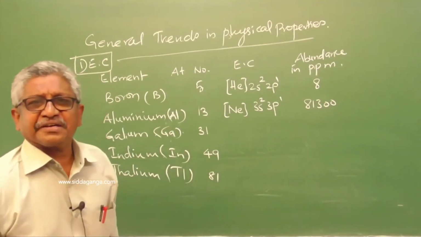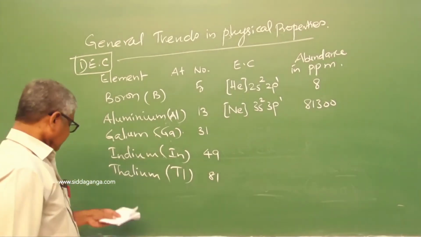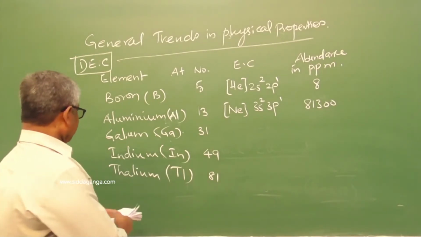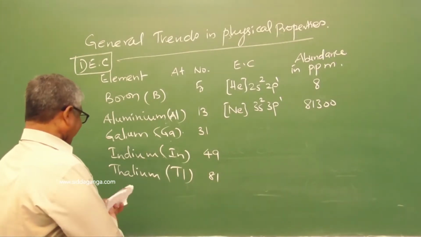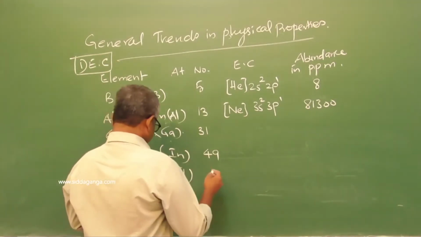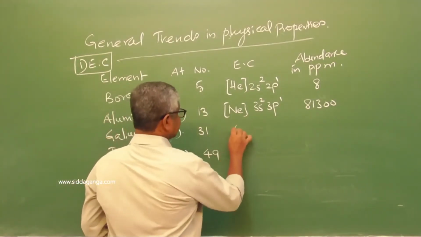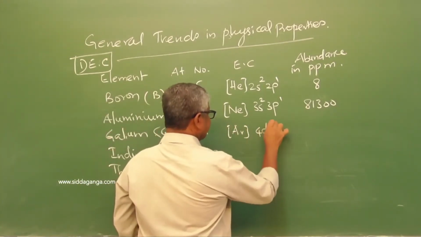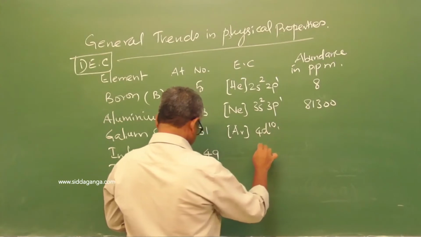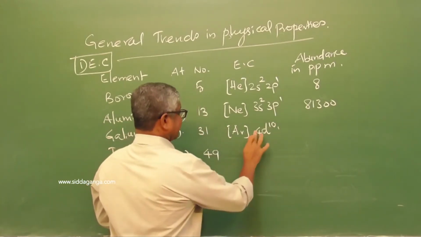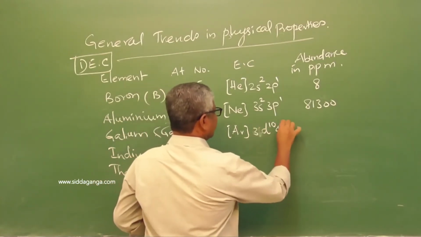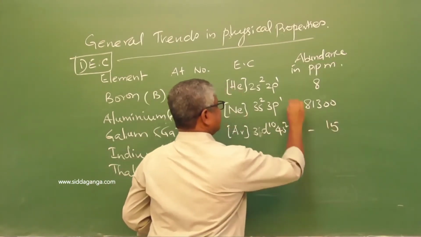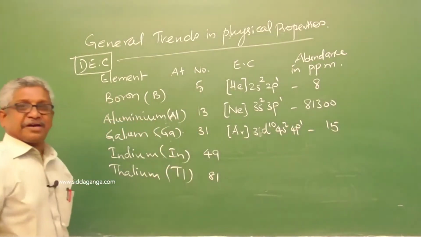Next, gallium is argon core, 18, 3d10 4s2 4p1. Its availability is 15 parts per million.